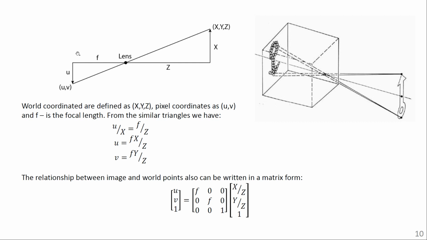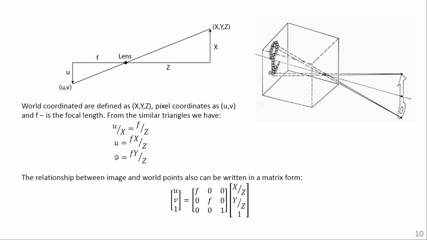Here are the world coordinates, here the image coordinates, and using simple geometry we can write a relationship between them. For example, we consider these similar triangles, and we can divide u by x. It will be similar if we divide f by z. From here we can, for example, find u. u will be equal to fx divided by z.